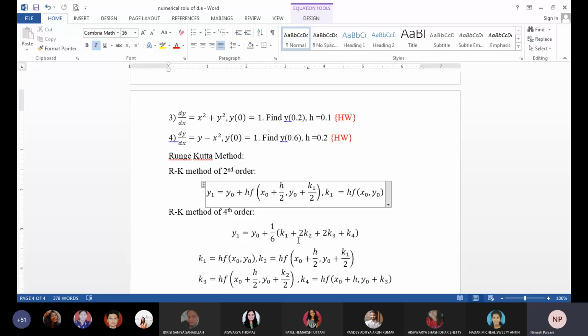plus h into f of x0 plus h by 2 comma y0 plus k1 by 2, where k1 is h f of x0 comma y0.